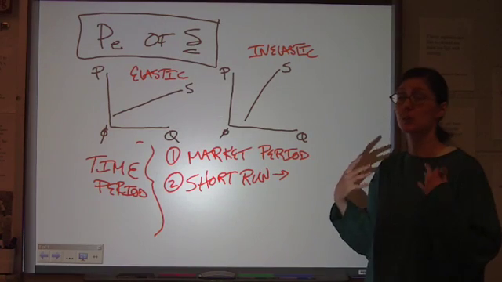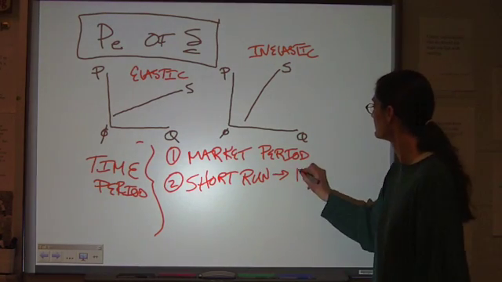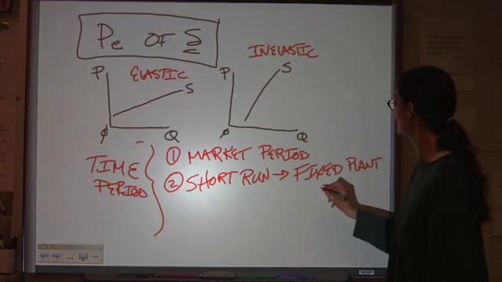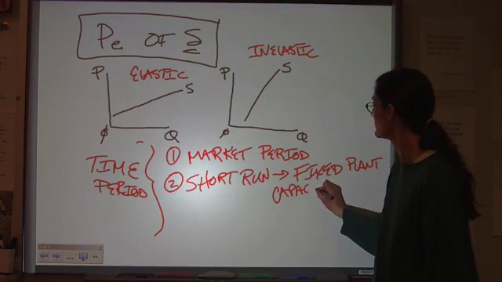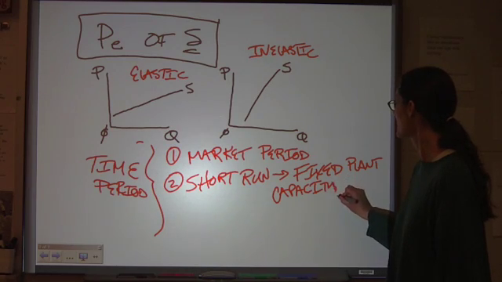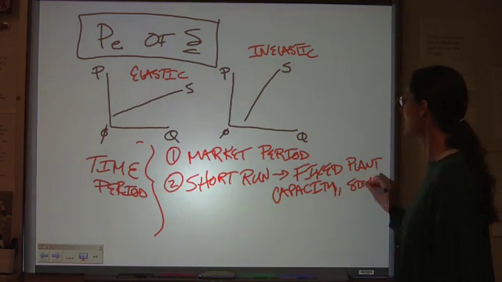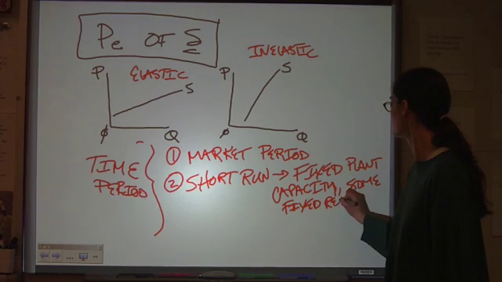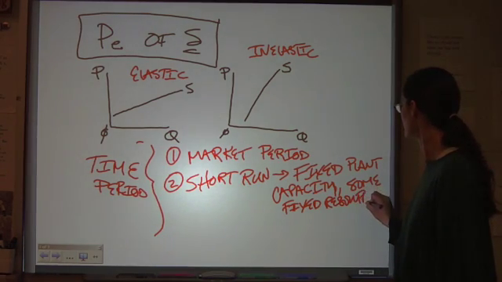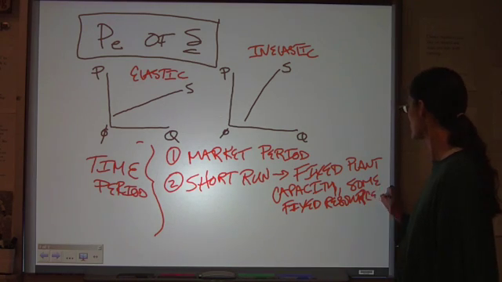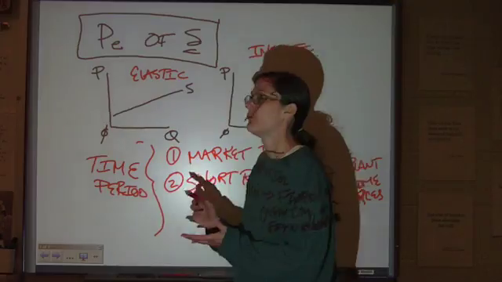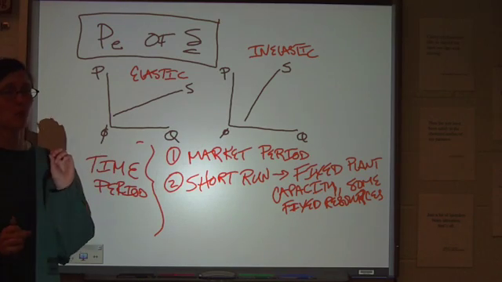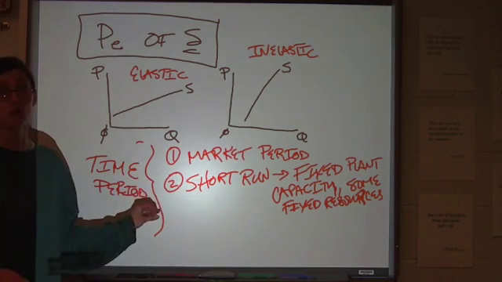You're going to have fixed plant capacity, for example, some fixed resources. In the short run, some things are variable, but you've got at least one that is still fixed. That's what makes the short run.